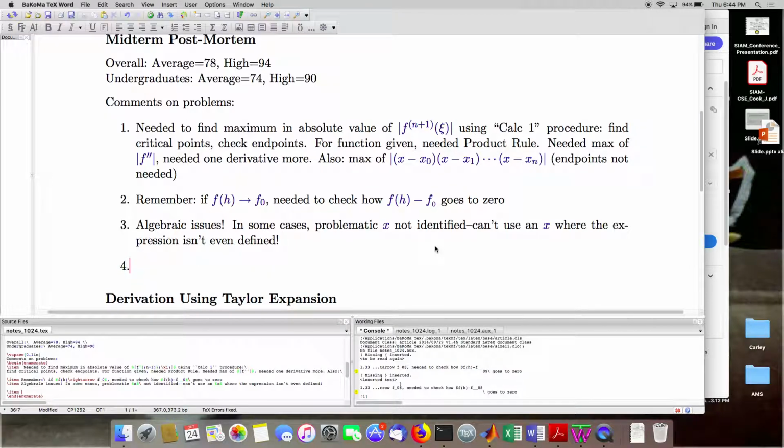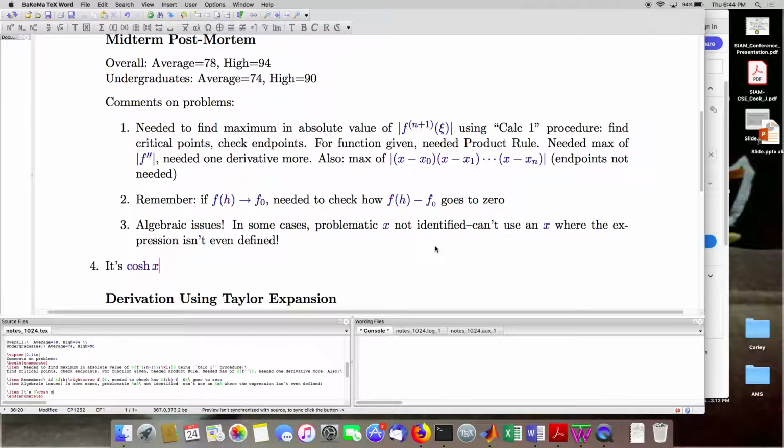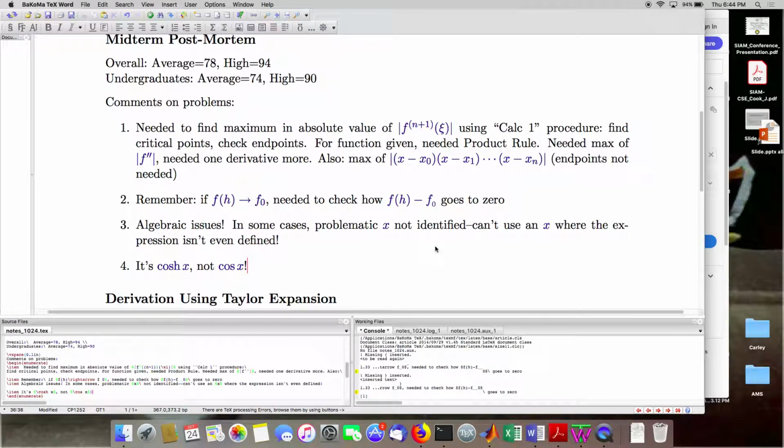Number 4 is about Lagrange interpolation. I think the single biggest problem with this one was it's hyperbolic cosine, not cosine. That's not a factorial, by the way. That's an exclamation point of frustration, not excitement like in yesterday's class.